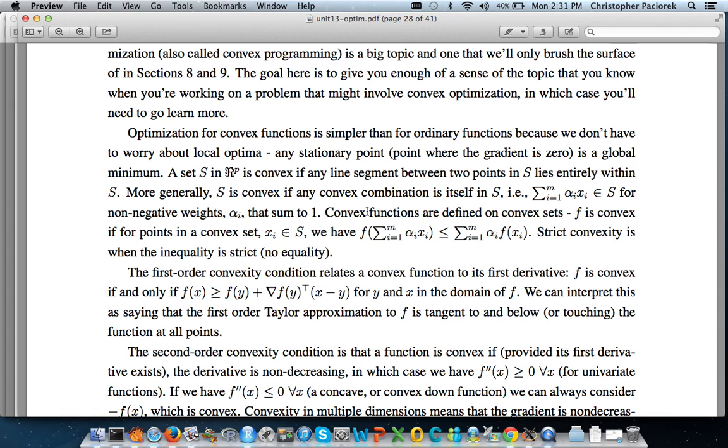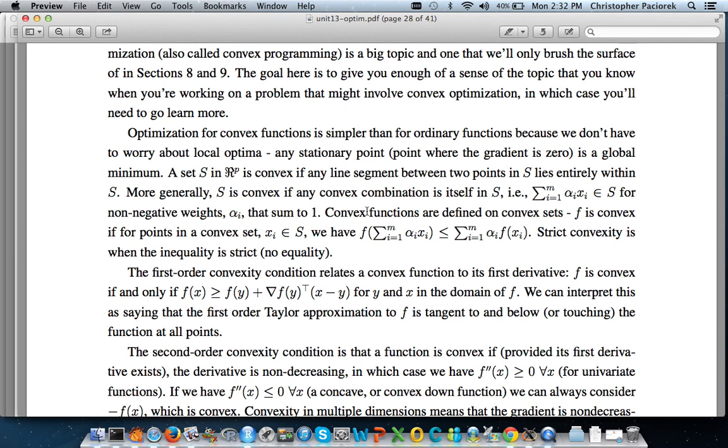Okay, so what is convex optimization? Or what is a convex problem? The idea is that we're optimizing on some convex set. So we're trying to find the best x within some set. Suppose our set looked like this.